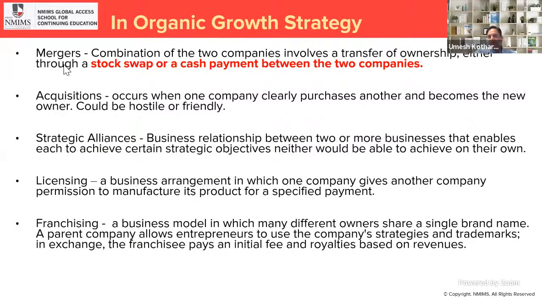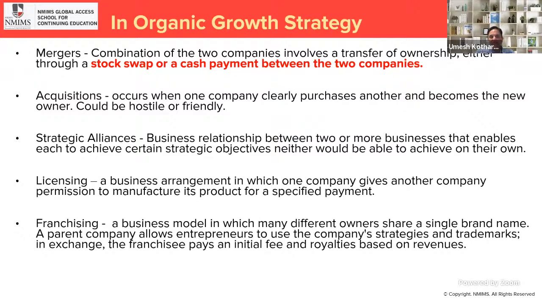Inorganic growth happens with mergers, when two companies merge together and a third company is formed. Acquisition, one company acquires another company either nicely or in a very hostile manner. Strategic alliances are when two companies sit together, or rather, work together on a certain common project that they want to bid for or pitch for.